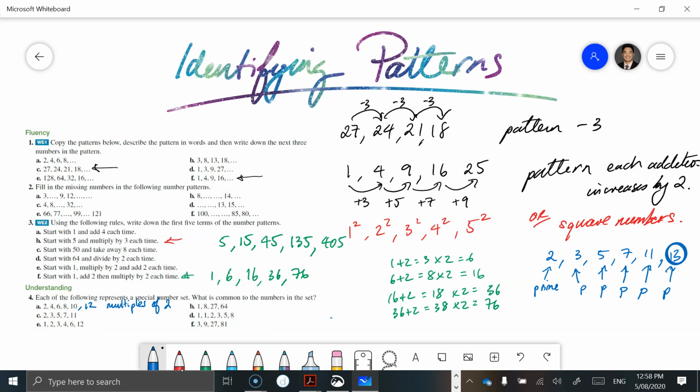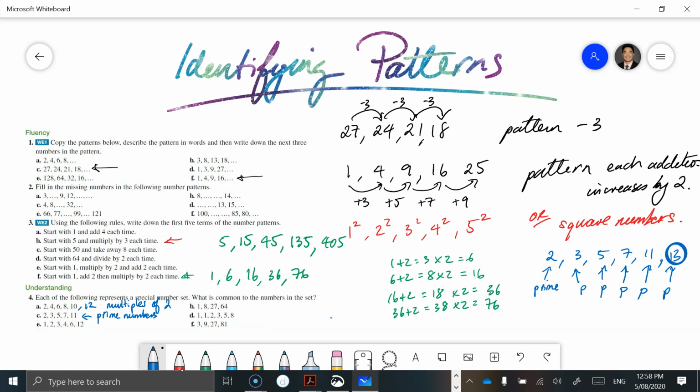So you should know what prime numbers are. Prime numbers are numbers that do not have more than 2 factors. Its only factors are 1 and itself. And so let's write that down here. For C, we're looking at prime numbers.